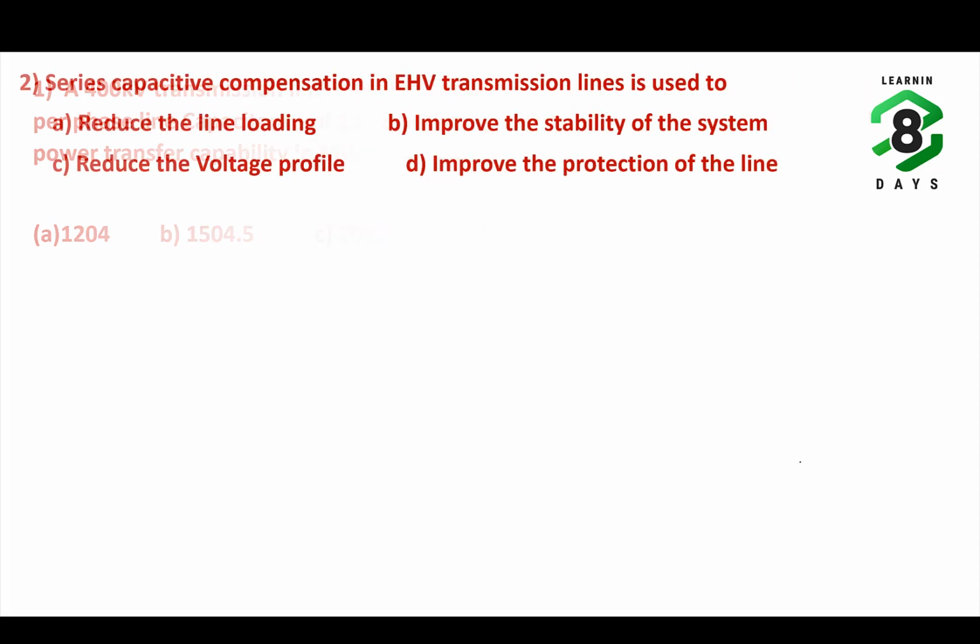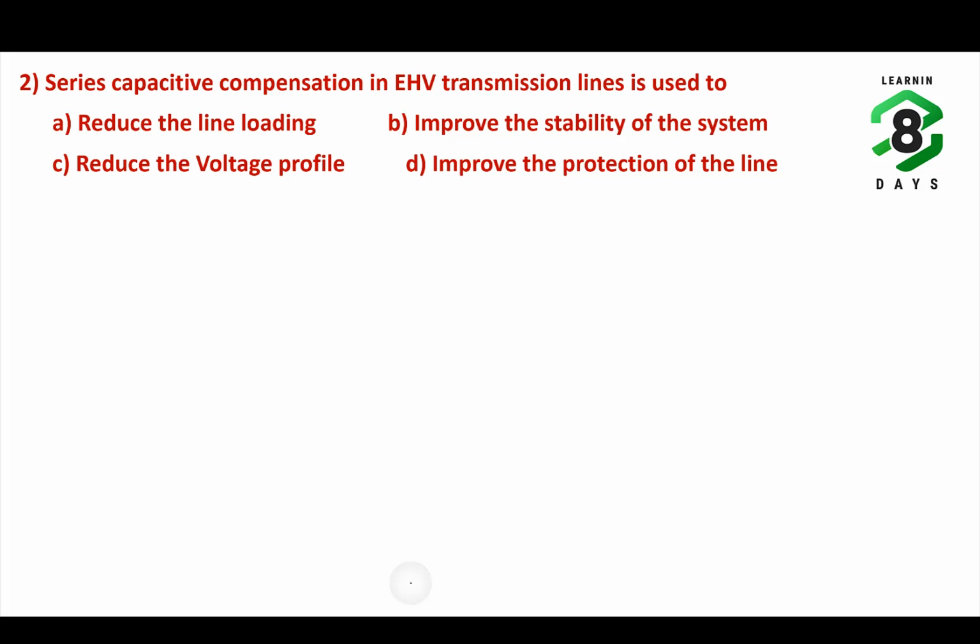Next. The next question in the lecture is, the series capacitive compensation in extra high voltage transmission lines is used to. Why do we use series capacitive compensation in the EHV transmission line?